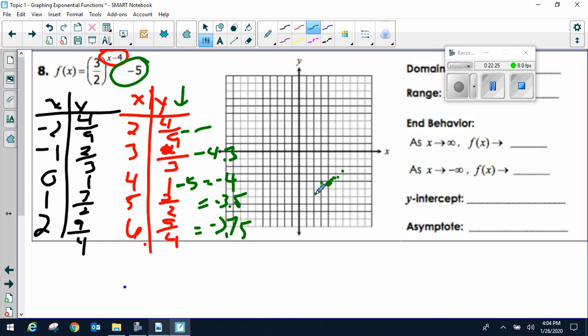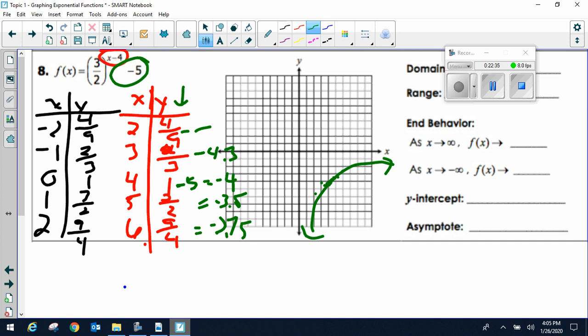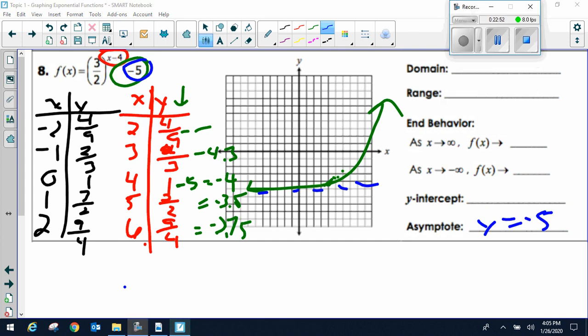And slowly it goes like this. So actually it goes this way. Okay. And here's your new asymptote. And again, it's that k value. So our asymptote is y equals negative 5. Okay. So your range is going to be everything above negative 5.